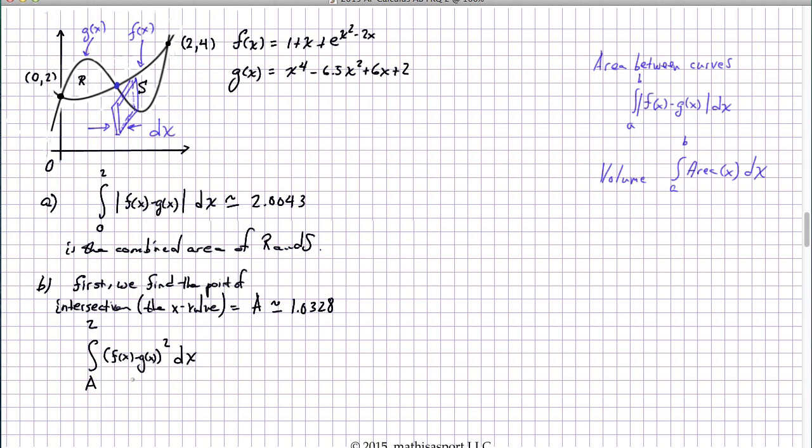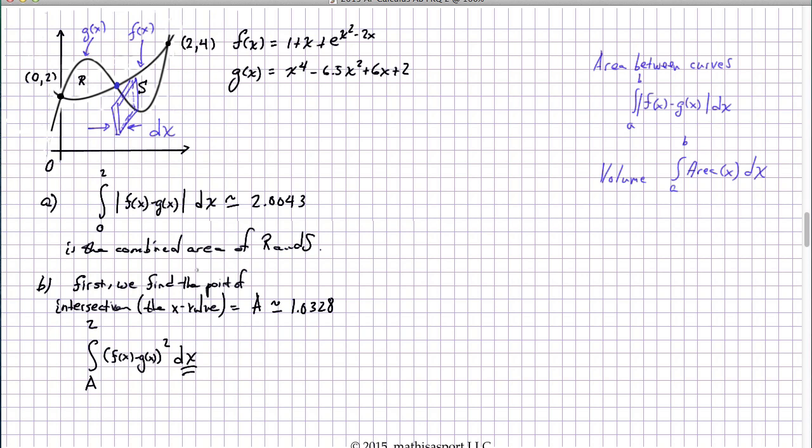We could, in fact, have gotten it backwards, namely g of x minus f of x, and still gotten the same result, simply because in this case we're squaring it. But in general, it pays to do the diagram, visualize just what it is that you're working with, understand what the thickness of your cross section is to tell you what you're integrating with respect to, and then get the area calculation correct.